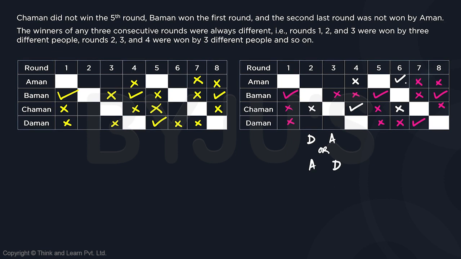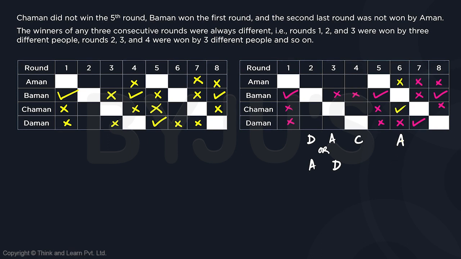This was the scenario when we said C won the 4th round and A won the 6th round. That's how everything unfolded, right? What if we say that in the 6th round, it is going to be C who wins?